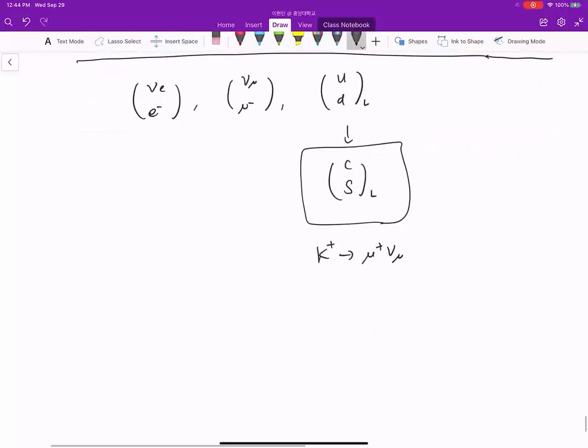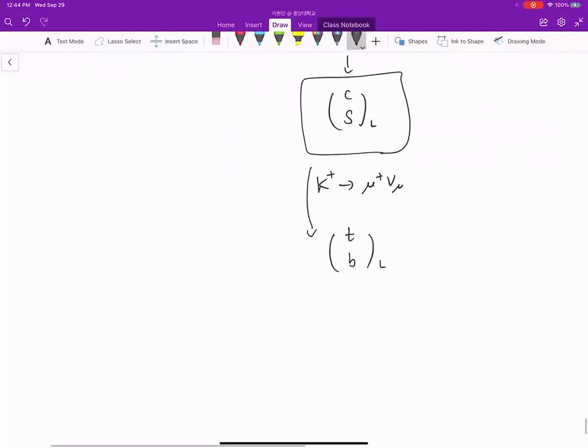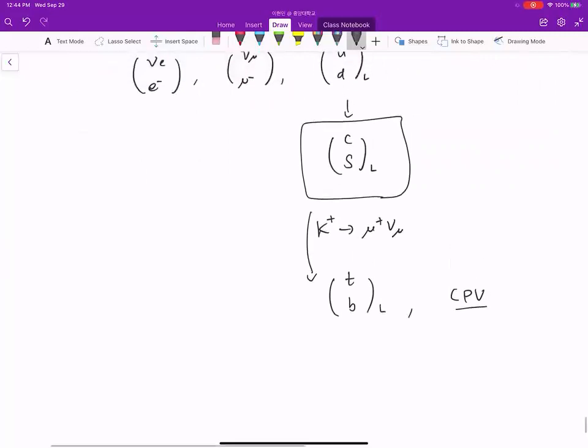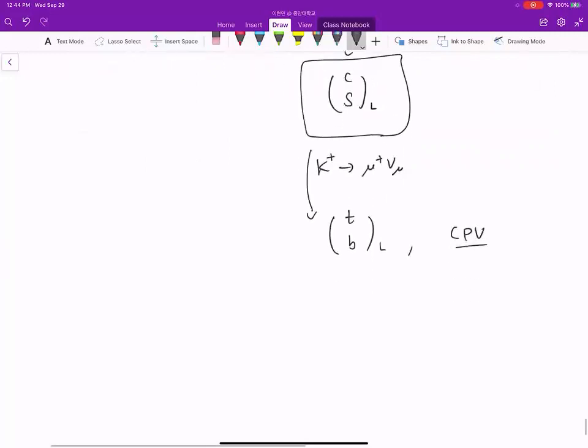And also we need one more generation for quarks, in this case top and bottom, because of CP violation. If you don't have an extra generation, you don't have CP violation. This is only true when you have 3 generations.